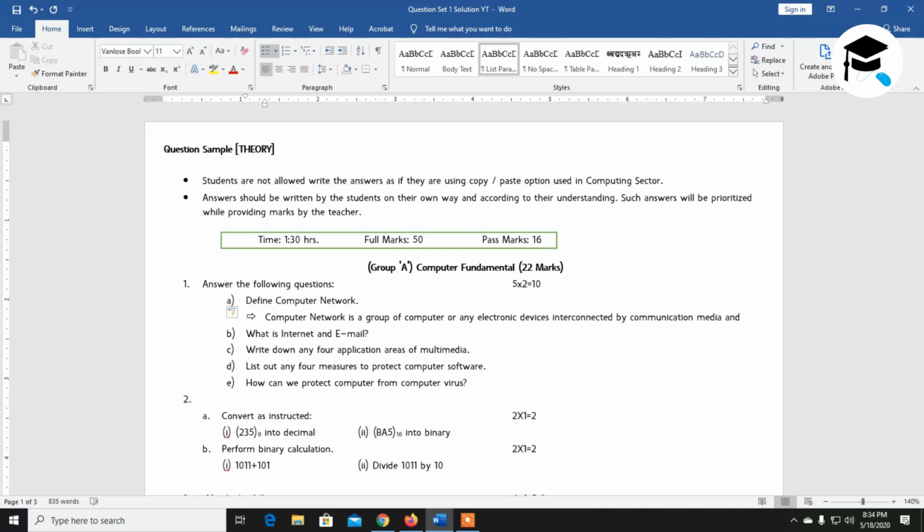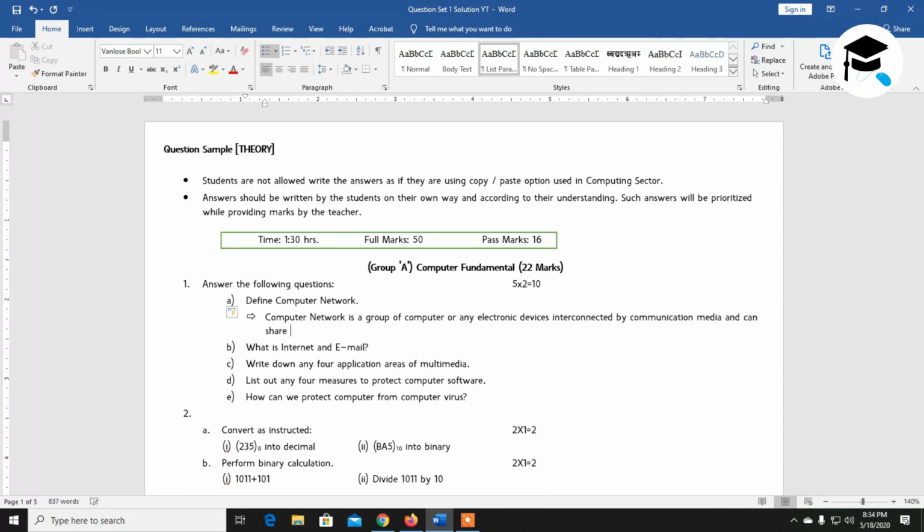And what can that network do? It can share resources by using a set of common communication protocols.